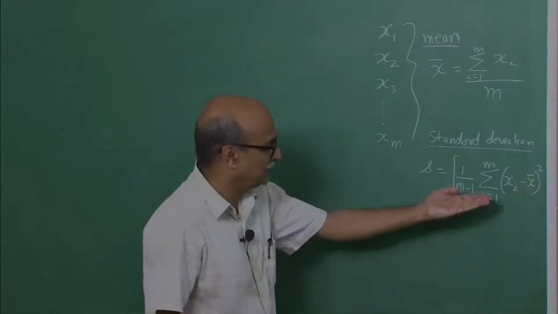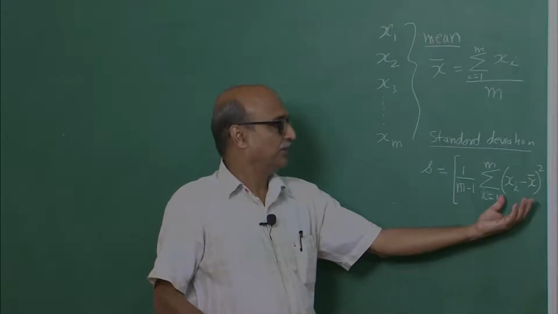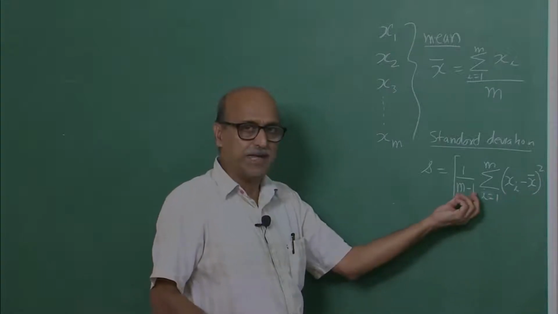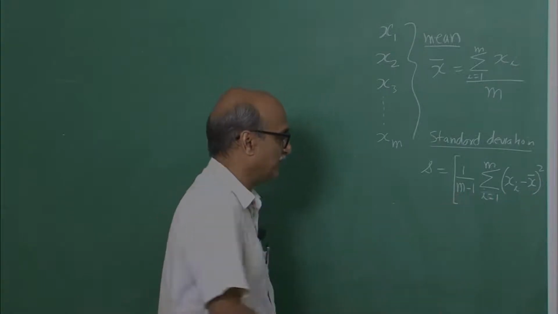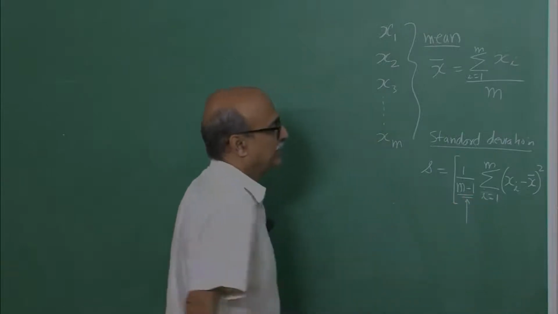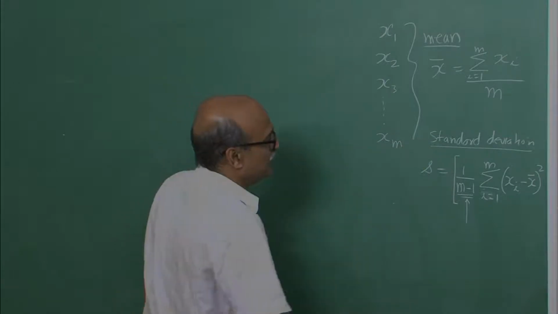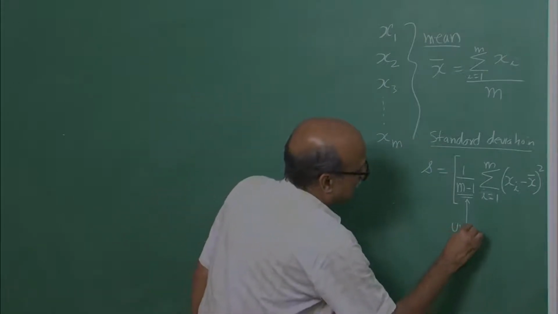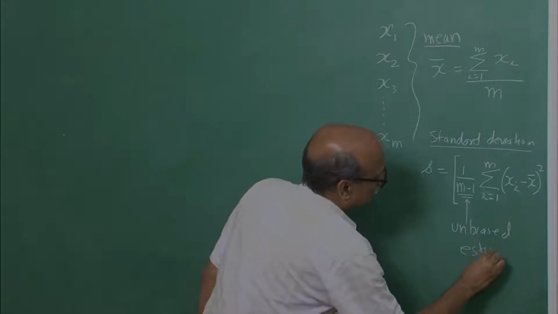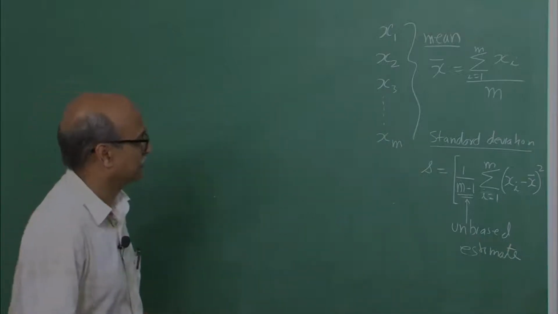So, what I am doing is summing up the squares of the deviations and then dividing not by m, but by m minus 1, and this is an important point to note, that dividing by m minus 1 gives me what is called an unbiased estimate of the standard deviation.